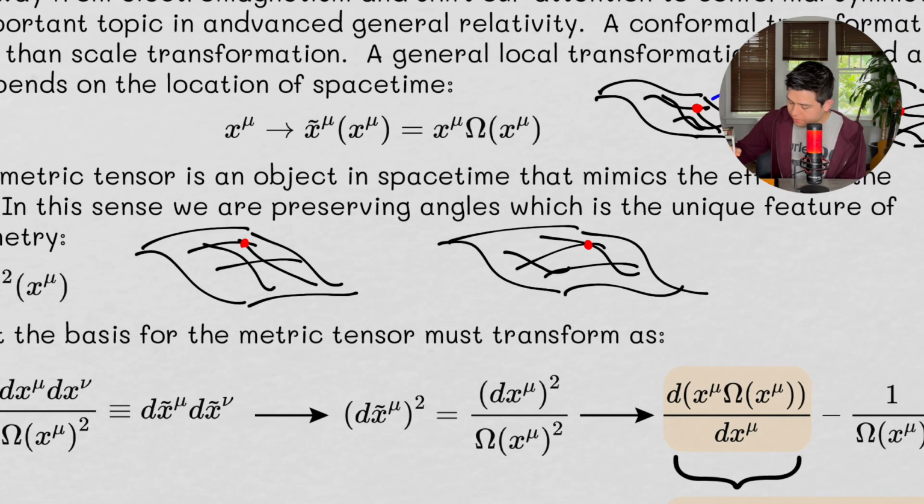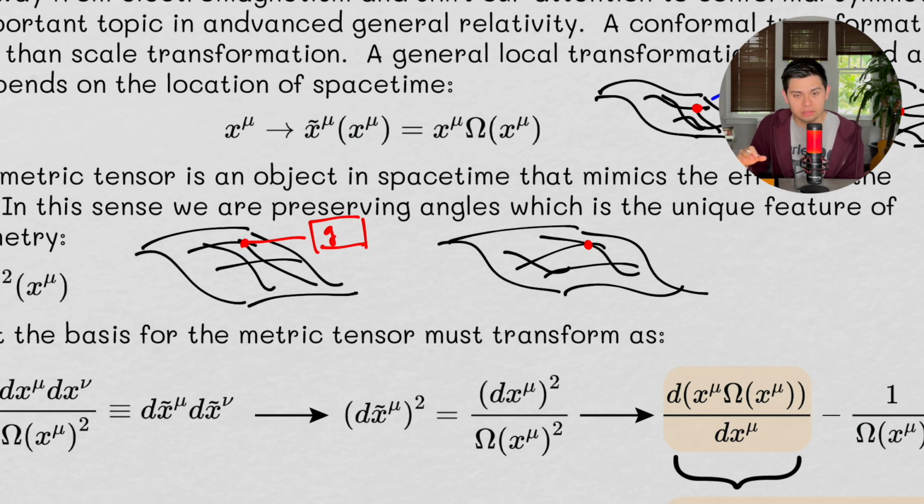And what we are doing is we are looking at the tangent space, right? So the tangent space contains an inner product, and that inner product is mimicked by a metric tensor, which is located in another space at that point.